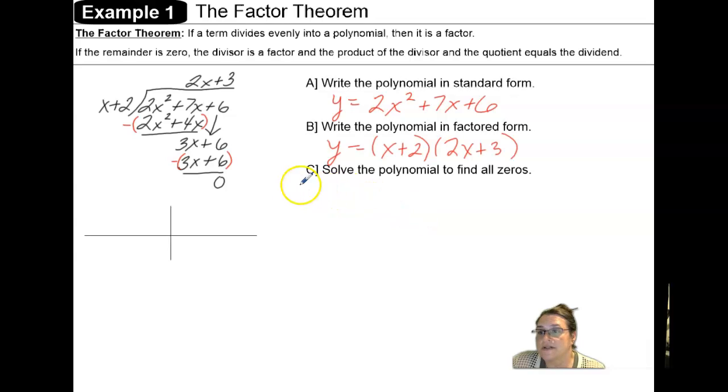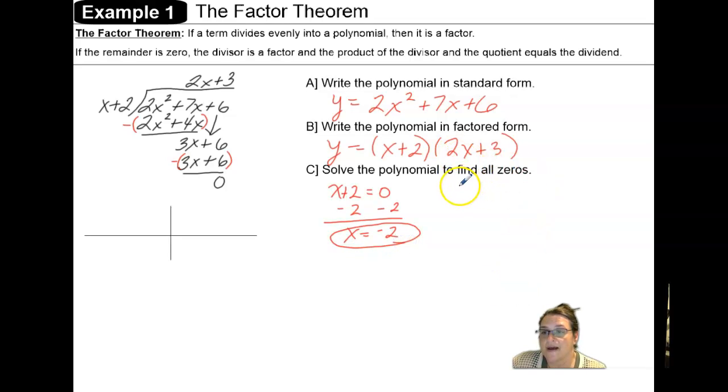Okay, now in step C, to solve the polynomial to find the real zeros, I would set each factor equal to 0, like we did in the last section. So x plus 2 equals 0. I subtract 2 from both sides, and x equals -2 would be one of my zeros.